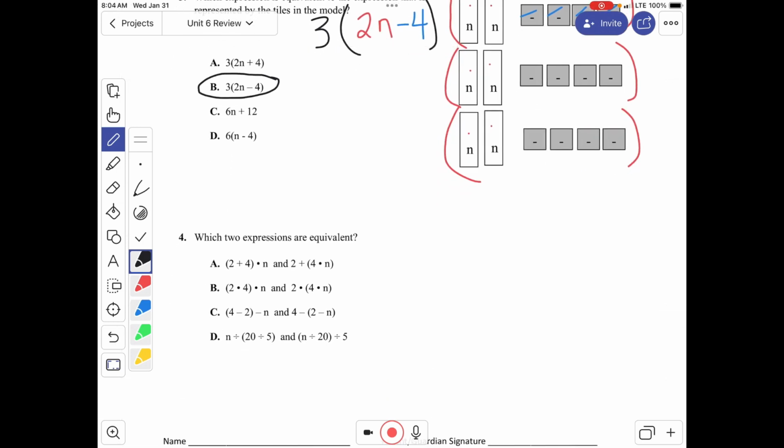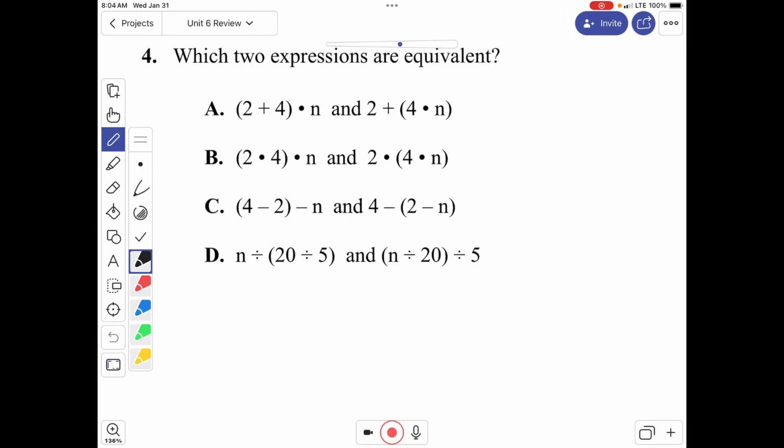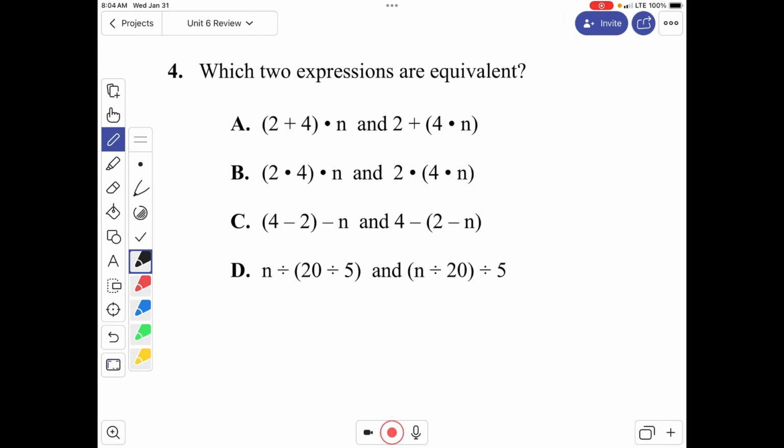Question 4. Which 2 expressions are equivalent? Well, choice A shows that the little parentheses are regrouping. But you can't regroup a plus sign and a times sign. You can't mix the signs. So that is not correct. The next one shows that they're regrouping, and they just regrouped the multiplication sign.